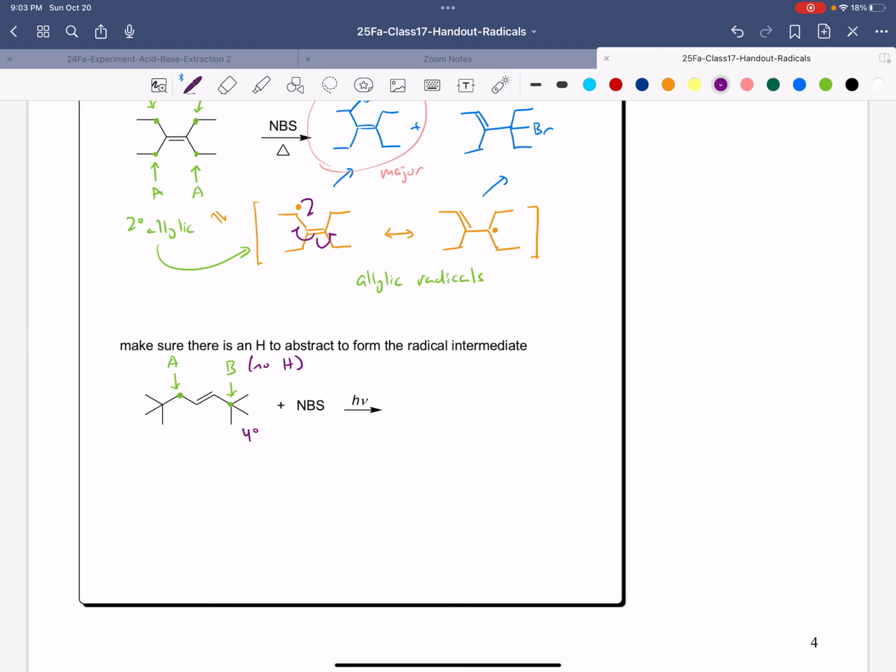We do have a secondary here, and that's better than all the primaries, and there is no tertiary. So the intermediate is this. I like to call it the initial allylic radical, right there.